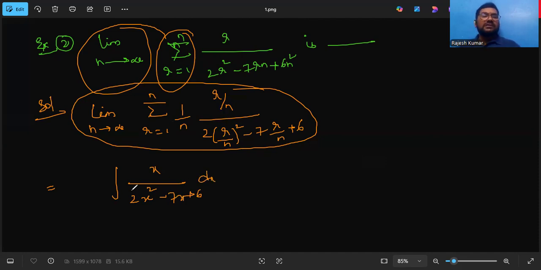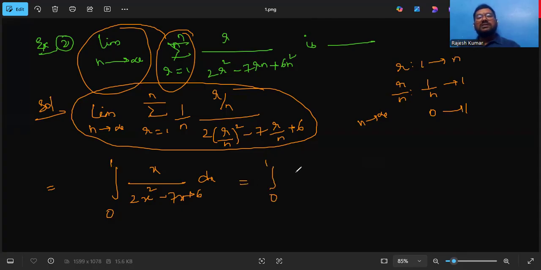Well, the issue is the limits. r is moving from 1 to n, so r by n is moving from 1 by n to 1. When n is tending to infinity, it is moving from 0 to 1. So the integral from 0 to 1 of x dx, by this factorization, can be written as 2x into 2x minus 3.